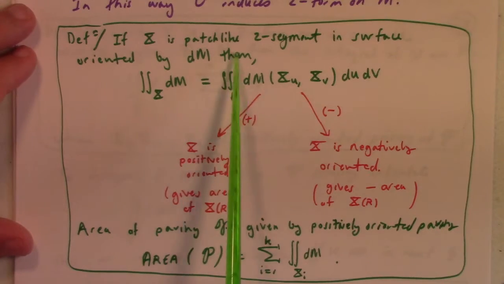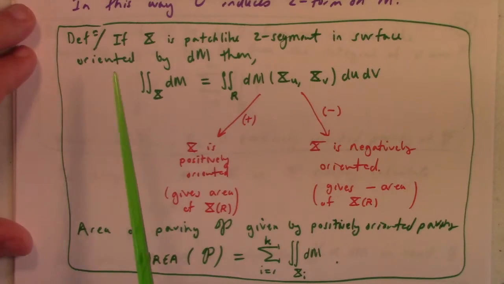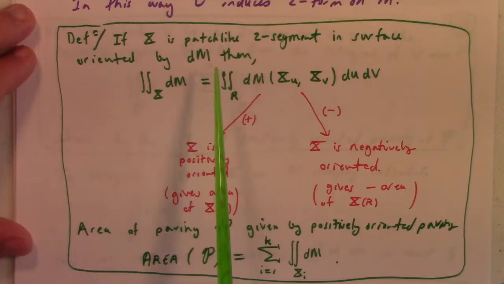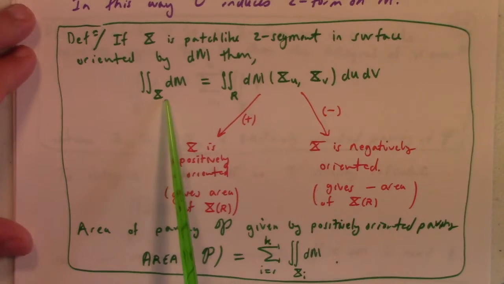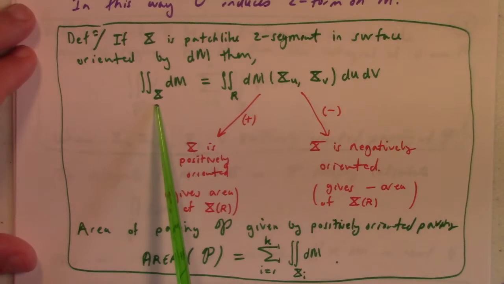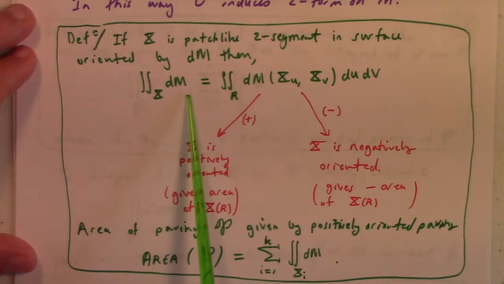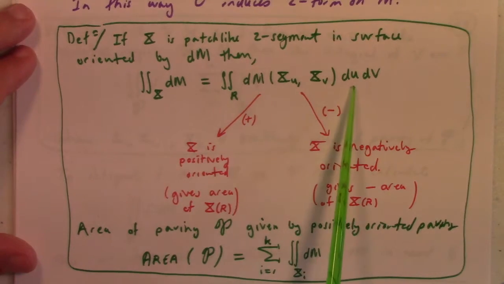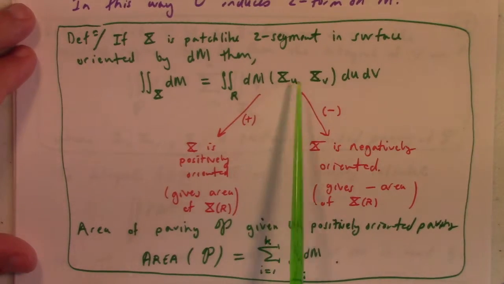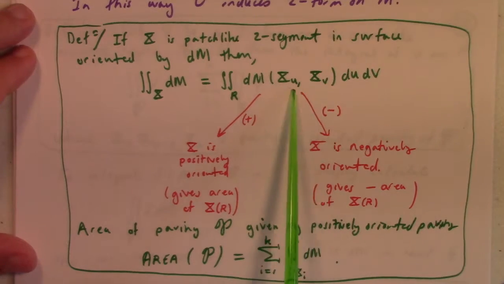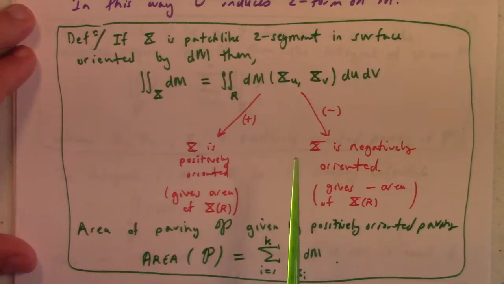If X is a patch-like 2 segment in a surface oriented by dM, then the integral of dM over the patch-like 2 segment is the corresponding double integral of dM evaluated on x_u, x_v, the partial velocities, du dv, right?